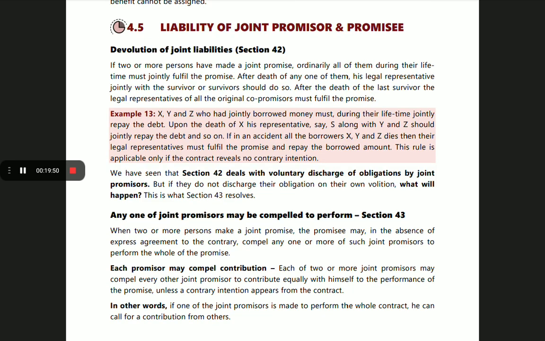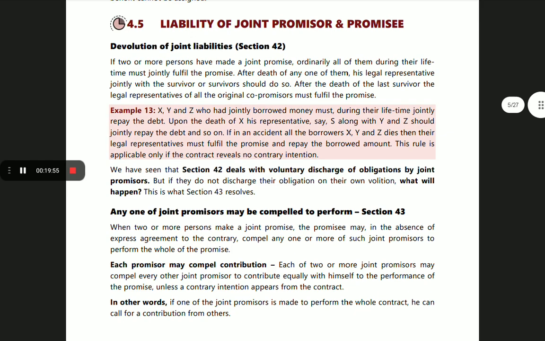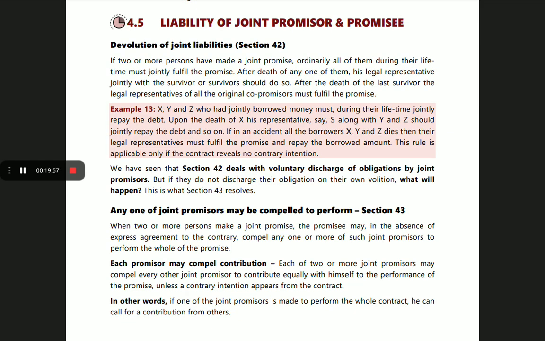We have seen that Section 42 deals with voluntary discharge of obligations by joint promisors, but if they do not discharge their obligations on their own volition, what will happen? This is what Section 43 resolves.